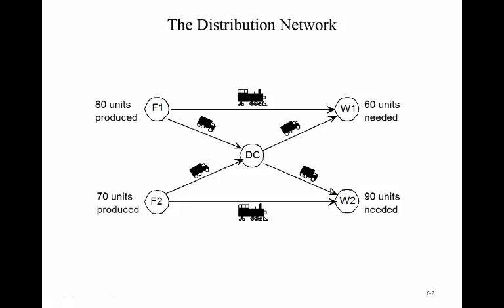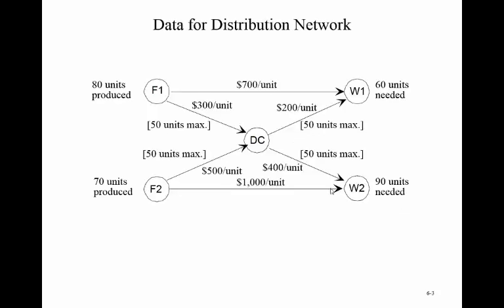Now notice the products are the same, meaning the products are interchangeable, the ones that are created at factory 1 versus the ones that are created at factory 2. So we're really only dealing with sort of one type of unit, one commodity, if you will. So this is one way to display the distribution network, again, using the little icons to really symbolize sort of the various modes of transportation.